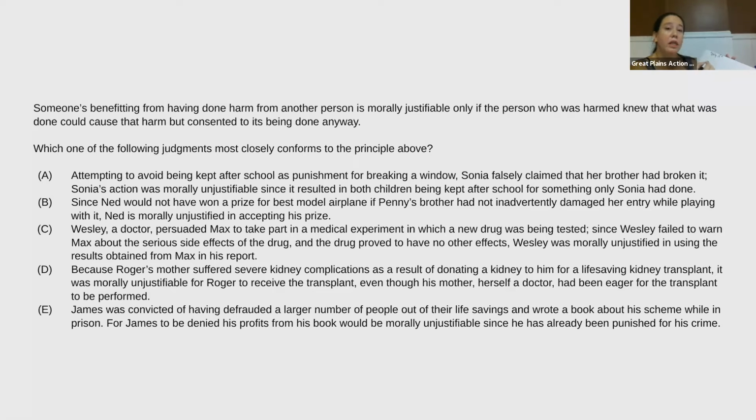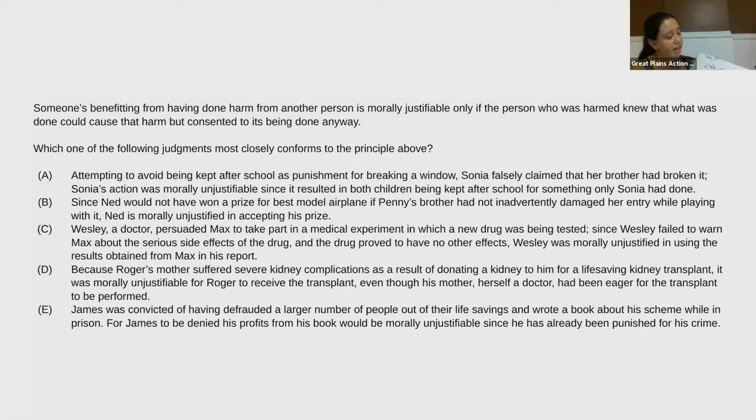So someone's benefiting from having done harm to another person is morally justifiable. So harm is justifiable only if, so it means it's necessary, that the person who was harmed knew that what was done could cause that harm, but consented to it being done anyway. And we see how I have an operator but there, so we know we're going to have a conjunction. So we have as our principle that harm is morally justifiable.